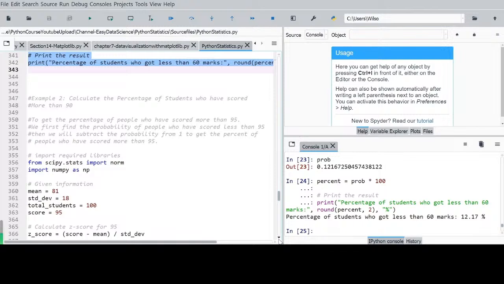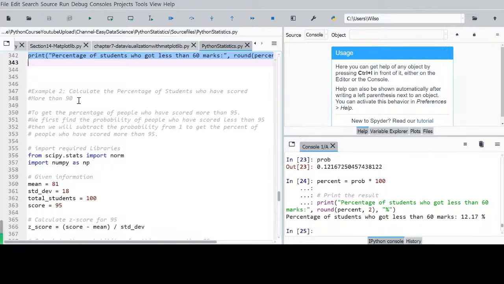So the second question associated with this example is to calculate the percentage of students who have scored more than 90. Okay, here we use 95, change to 95. For more than 95, we first find the probability of people who have scores less than 95, because the cumulative function is used to calculate the probability less than some number.